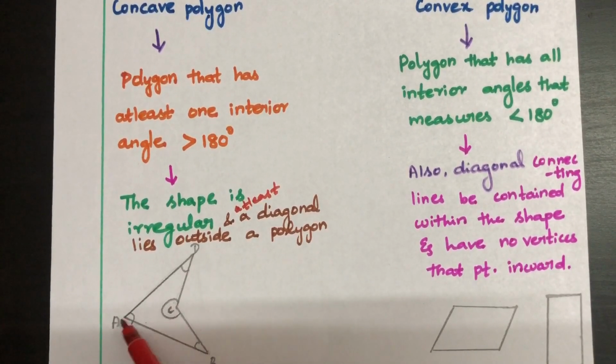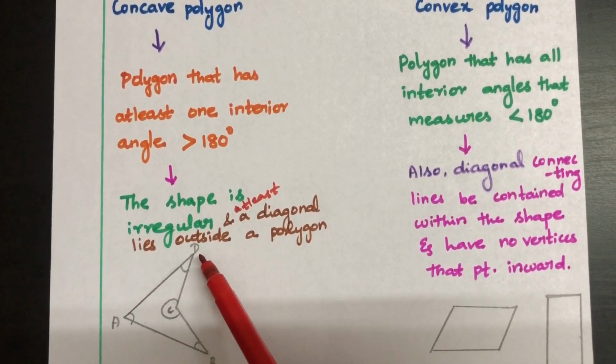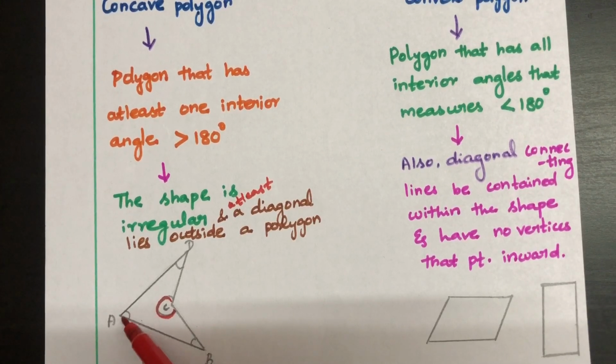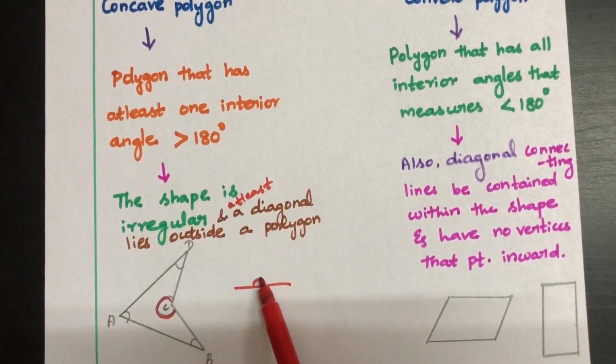Let's see. See, this is a concave polygon. See here. This is the angle which is greater than 180 degrees. See all the other angles A, B, C and D. A, B and D are less than 180 degrees. Correct? But this C is greater than 180 degrees. See, 180 degrees means always a straight line. This is called 180 degrees.